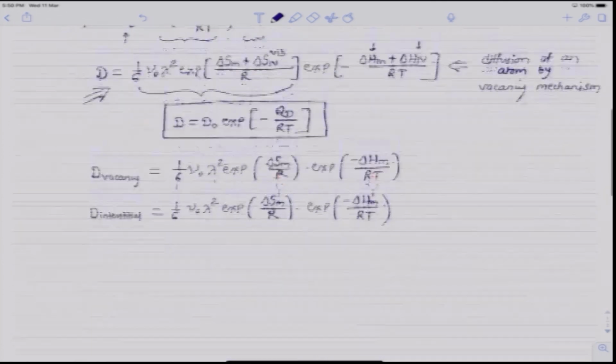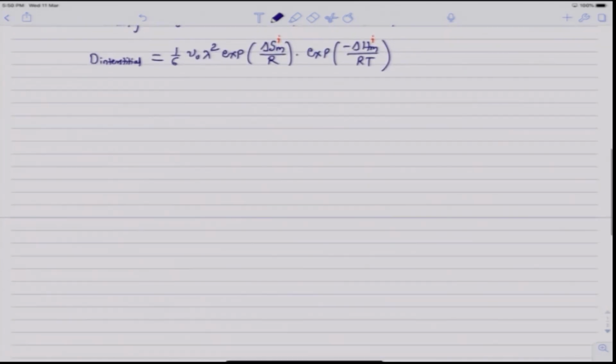Let us see how. So, if we consider for example the 111 plane in an FCC lattice, suppose we are considering the diffusion of this atom x.